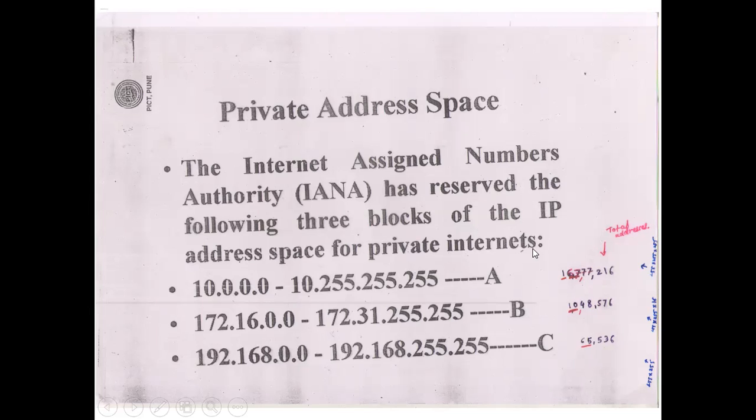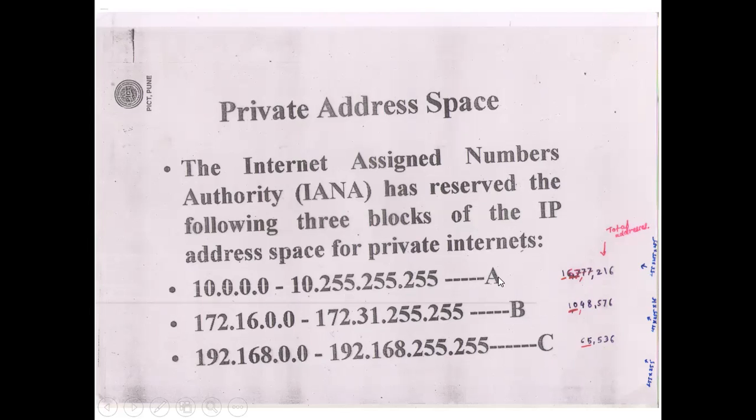Please keep this in your mind. So it is 10.0.0.0 to 10.255.255.255, called the class A private IP address range. This is the class B private IP address range. This is the class C private IP address range.